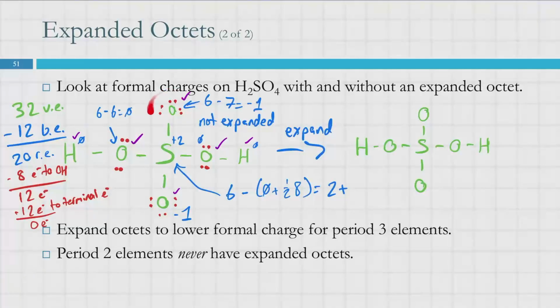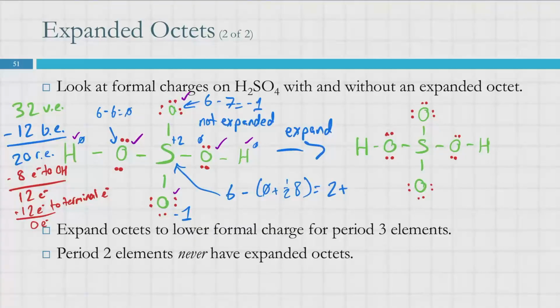How can we lower our formal charges for our oxygens on the top and the bottom? Any ideas? Double bonds.